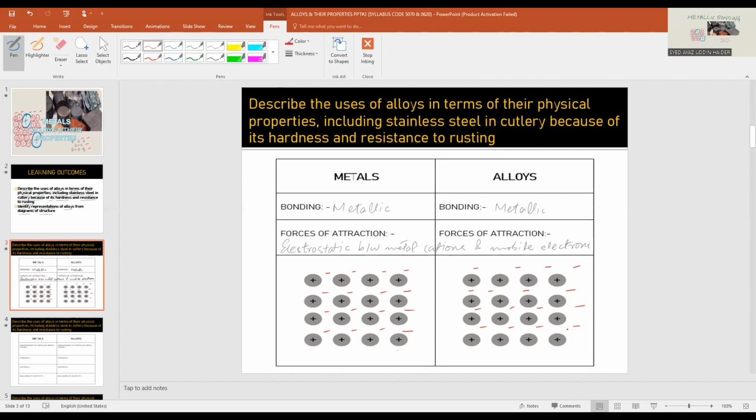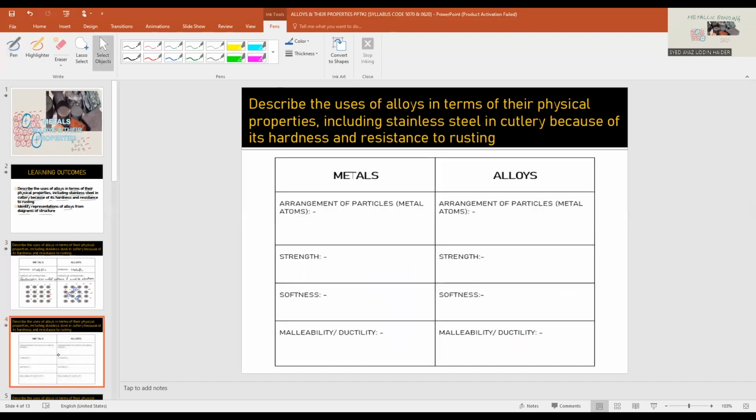In case of alloys, all these things are same. The difference is the presence of big size metal cations in between these small size metal cations. So I will draw big size metal cation like this one. Rest of the diagram will remain same.